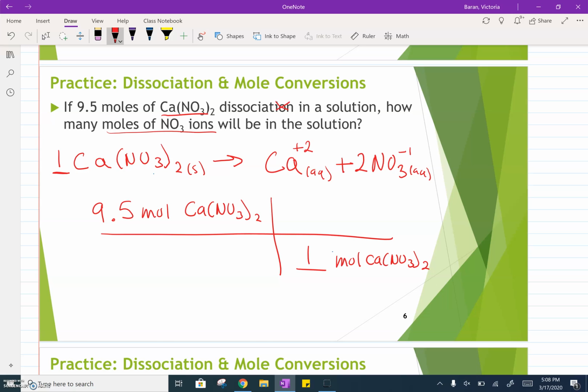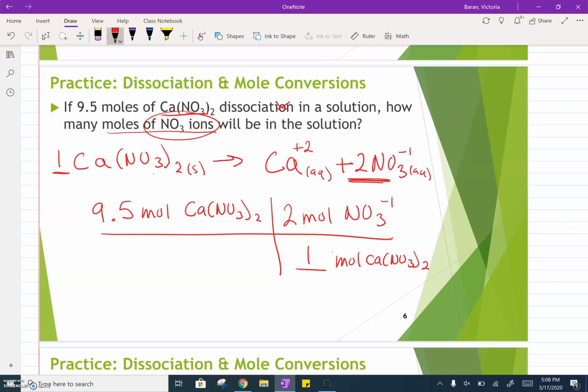And then I'm going to convert into what I want the answer to be in, which in the past has usually been a different type of compound entirely. This time, we're just converting it into an ion, but we're still using that same principle. So they're asking for nitrate ions. Well, if I look on this side of the equation, I have 2 moles of nitrate ions.